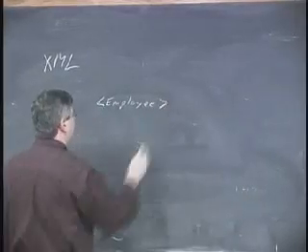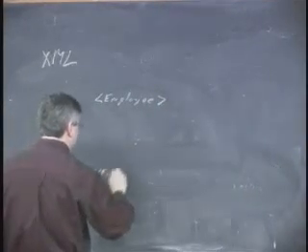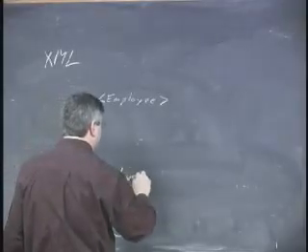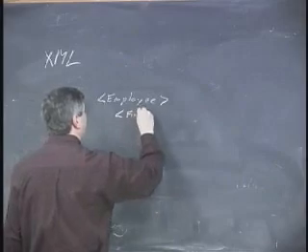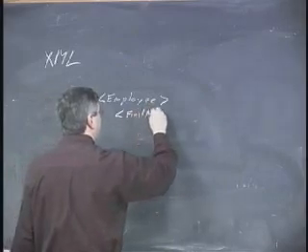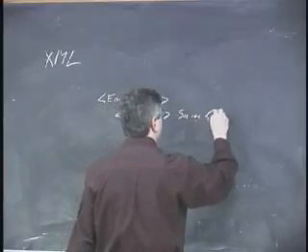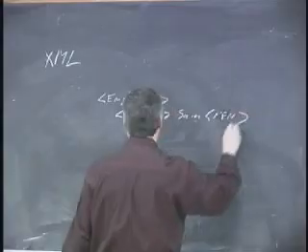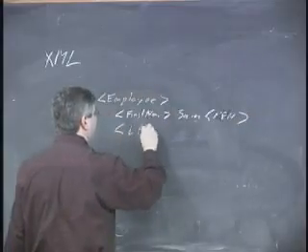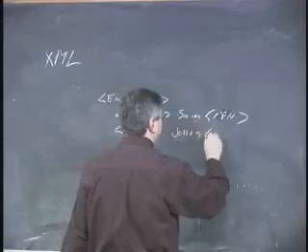We would communicate the fact that we had an employee here by having an employee tag, and inside of that it would have properties: first name, I'm going to start to abbreviate here, last name, I don't know.